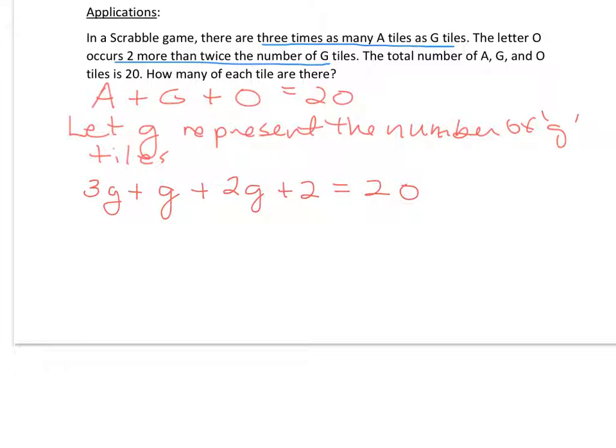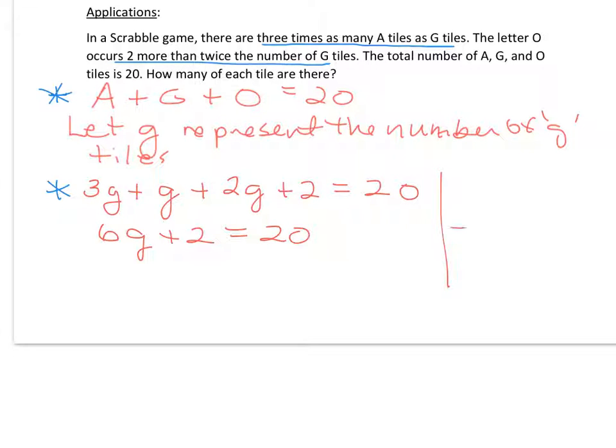So we've taken this first equation, and now we've written it with just 1 variable, and now we can solve that equation for g. I'm going to collect my like terms, and I have 6g plus 2 equals 20.